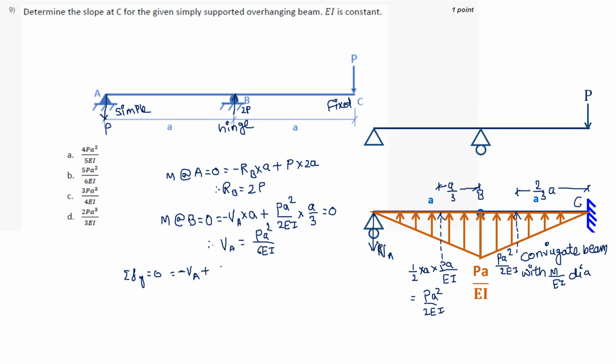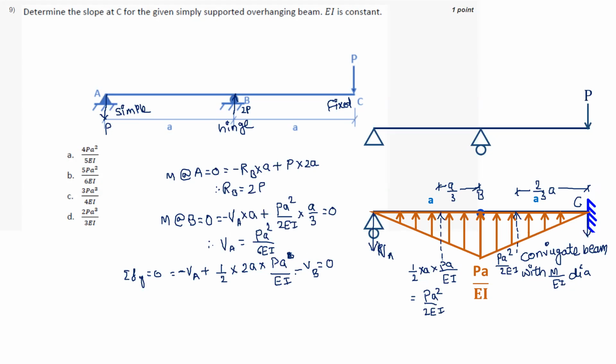Then we have plus the area of the triangle, 1/2 into 2A into PA upon EI. The total base is 2A and the height is PA upon EI. Then we have minus VB, I am taking it downward, equal to 0, because we know it should be downward.